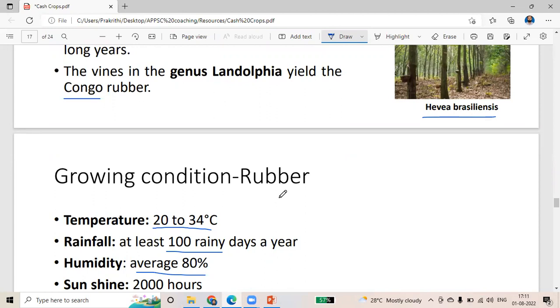So if you explain the climatic condition of this region, it will be okay. Don't go for ऐसा पढ़ने की जरूरी नहीं. If you know the condition, tropical condition में कैसा है temperature, कैसा है rainfall, कैसा है humidity, ये बोलने से भी हो गया. So all these are mainly seen in this tropical region.